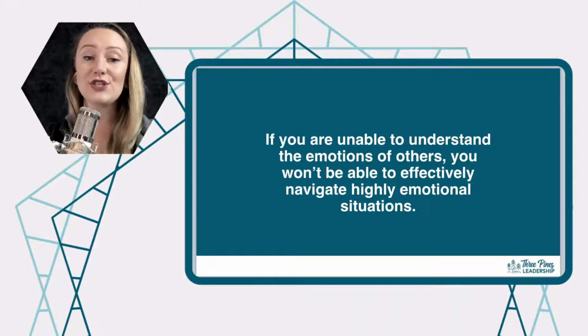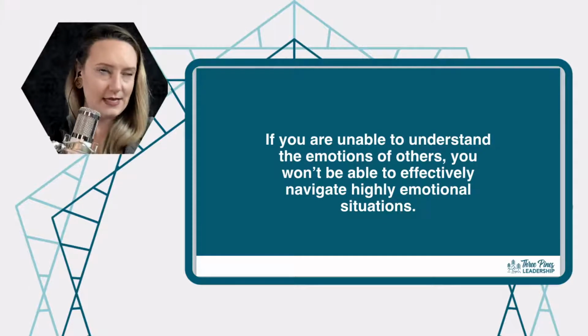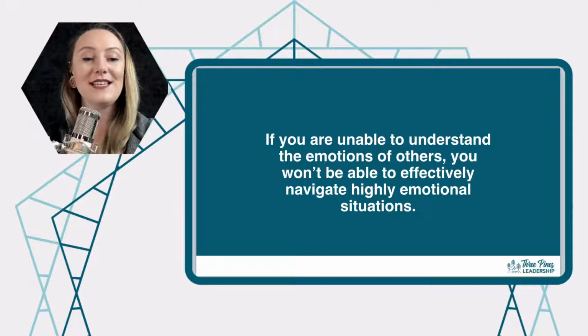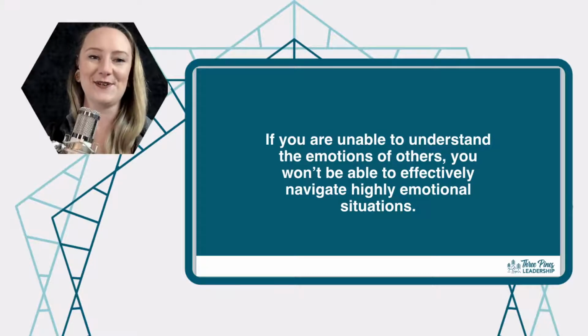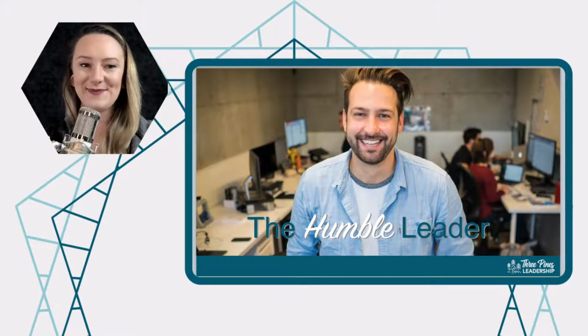You'll make decisions without considering the feelings of others, which can cause significant damage to your relationships. The best leaders are able to keep a close handle on their emotions and to help others manage their own volatile emotions.